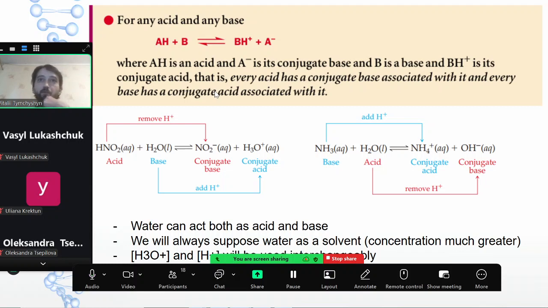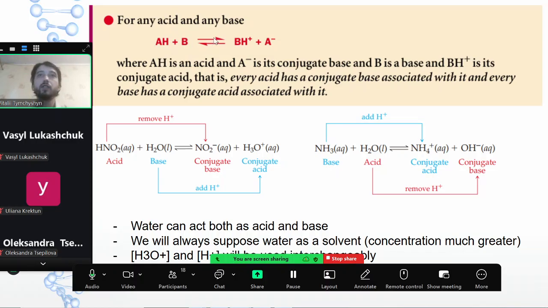What else? Any acid and any base, you can write this sort of reaction. So here is an acid. We specifically draw some sort of hydrogen that will be transferred somewhere. And here is a base. They undergo some sort of reaction.